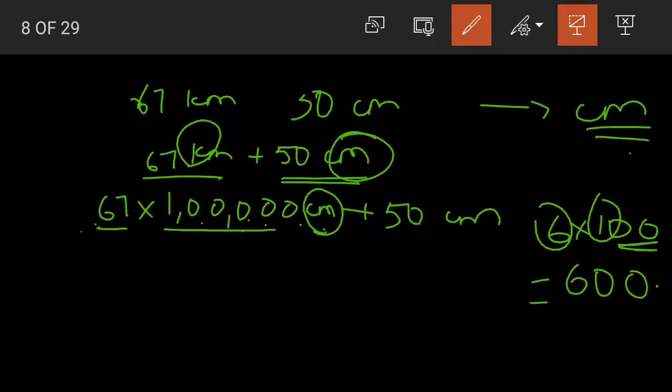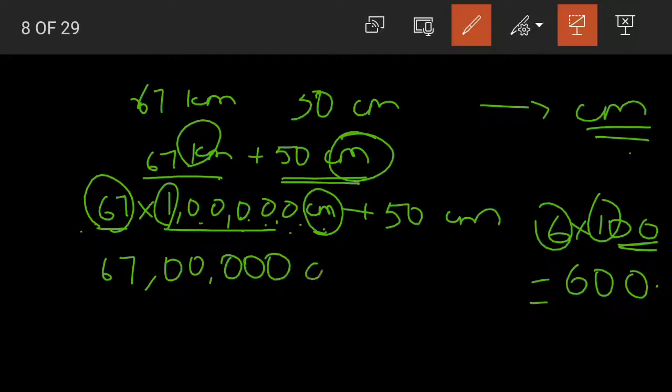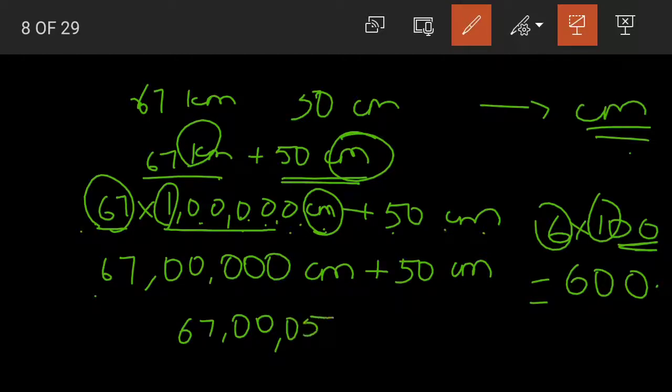In the same way, 67 into 1 lakh, 67 ones are 67 and count the number of zeros and write them as they are, 1, 2, 3, 4, 5. 67 lakh centimeters plus 50 centimeters, that is equal to 67 lakh 50 centimeters.